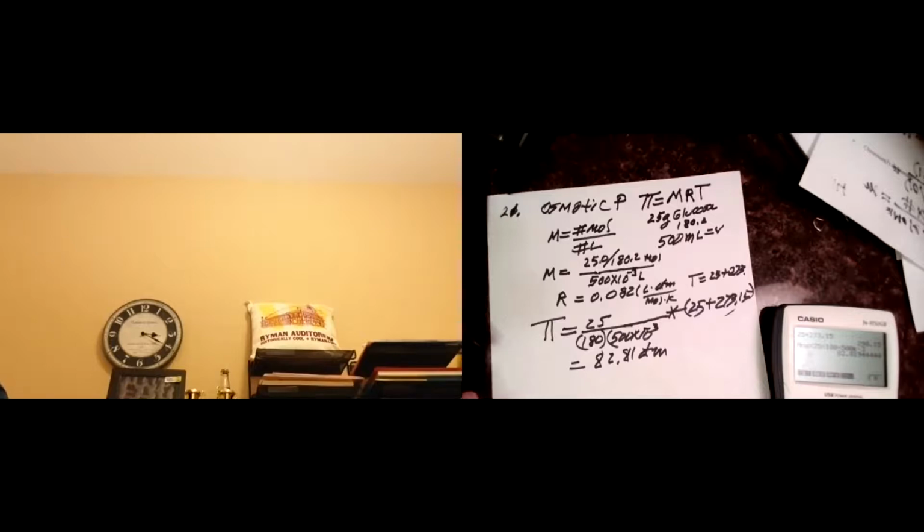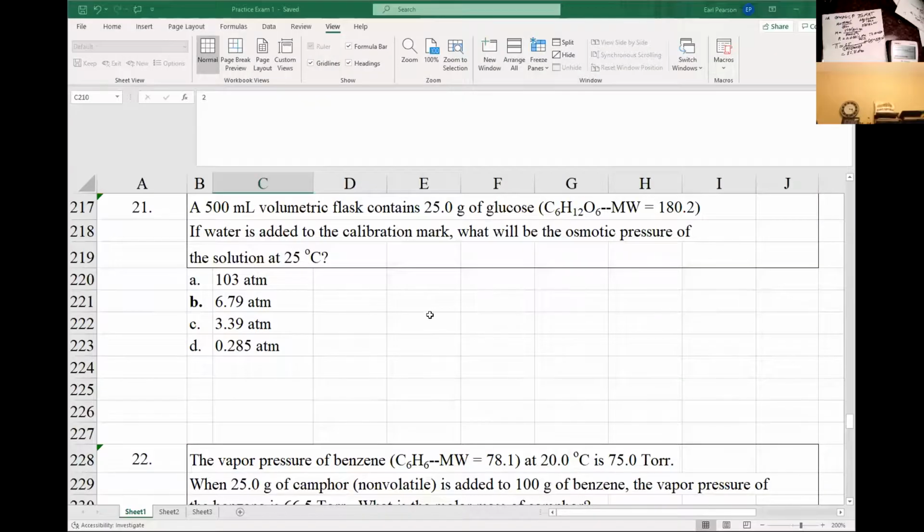I need to share screen so you can look at it with me. Yeah, that's what I thought. Something's wrong. 25 grams, divided by 180.2, the molecular weight, and the volume it's in is a 500 milliliter flask. Well, let's do my numbers again.